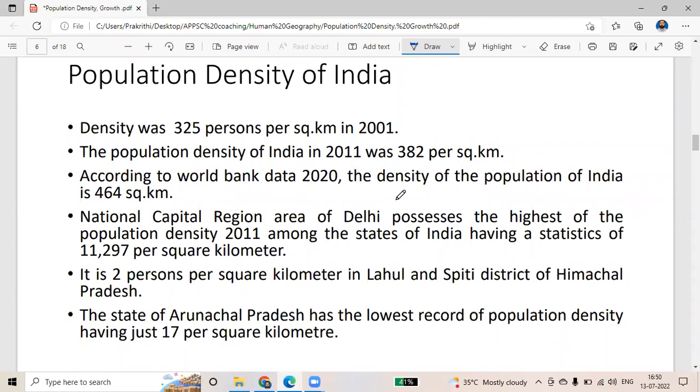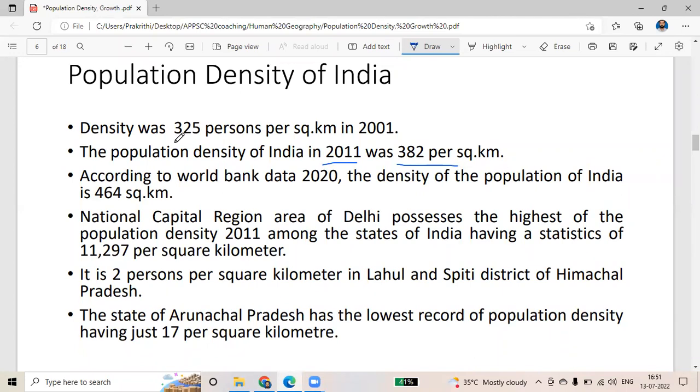The population density of India as per the census of India, because we can't rely on other data, that is the only primary data we are taking. That is for every 10 years. It is Government data, so we can say there is an authority on this data. The census of India 2011 says that our population density is 382 persons per square kilometer.